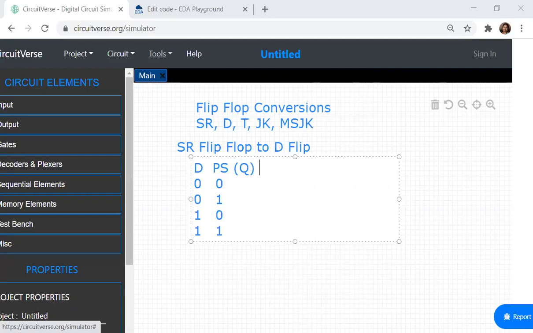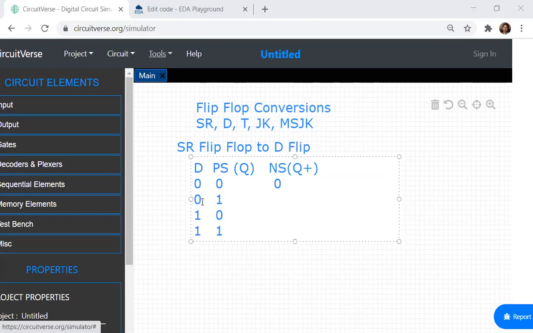This is one set. Next, we have to write the next state. How will you represent the next state? We will represent the next state using Q plus. So if D is 0, whatever may be the present state, the output will be 0.